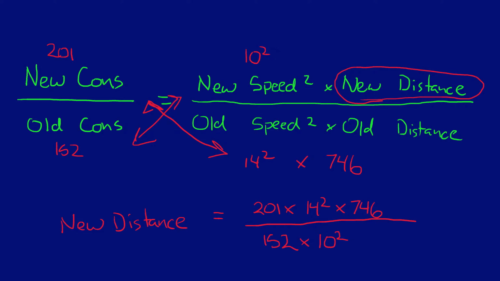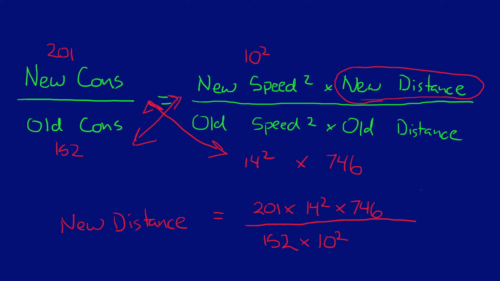Okay, because what we're doing is we're moving this old speed squared and old distance up to the numerator on the left, and then we're going to take that new speed squared and move it down to the denominator on the left. And so even though I wrote it out with new distance on the left, we're actually moving all of this from the right to the left. But it doesn't matter which one's on the left or the right, as long as we keep both sides equal, right? So this is what it gives us.